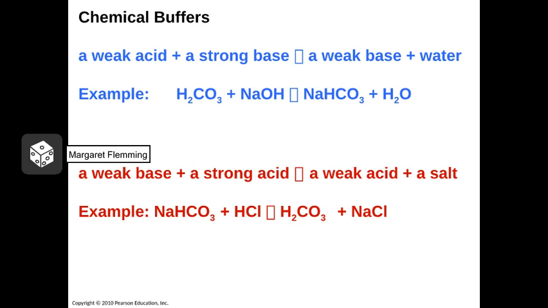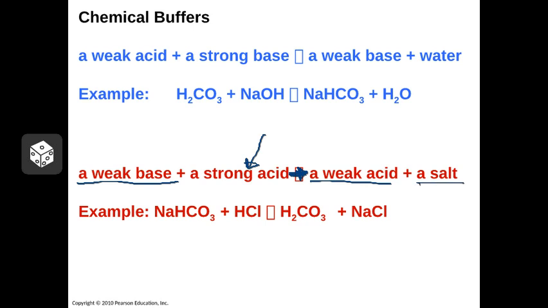Well, the same trend exists if we need to buffer a strong acid. To buffer a strong acid, we could add a weak base. When we mix those two together, the chemical reaction results in a product that is a weak acid and another product that is a salt.